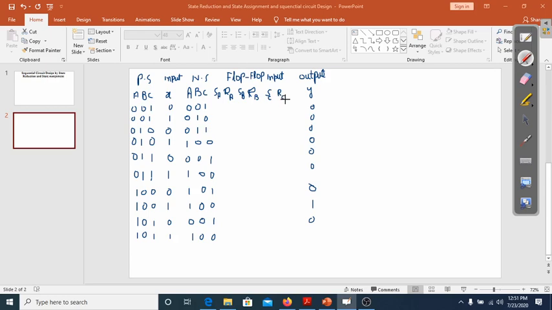You remember the excitation table for the RS flip-flop.